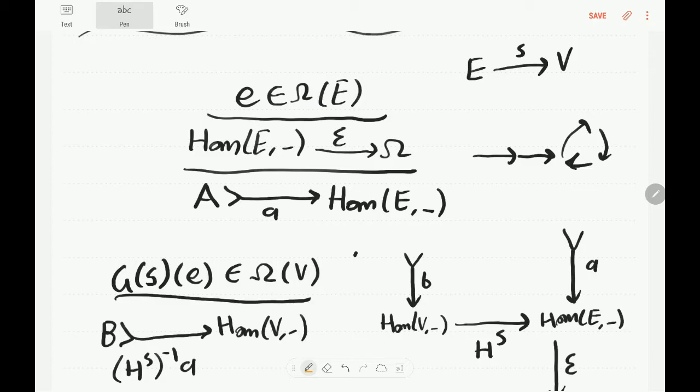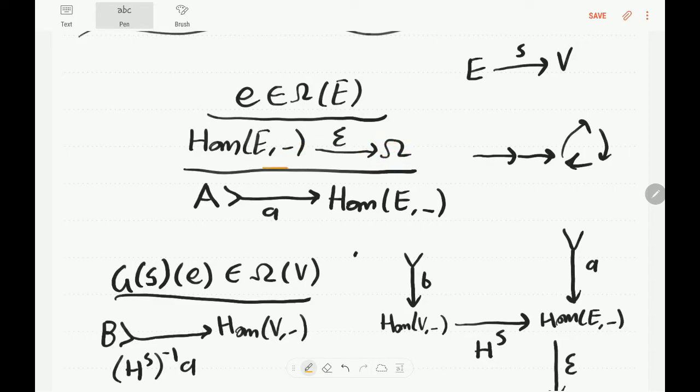So an element little e of internal type capital E of the subobject classifier omega corresponds, under this Yoneda correspondence, to a natural transformation epsilon from hom e comma blank to omega.